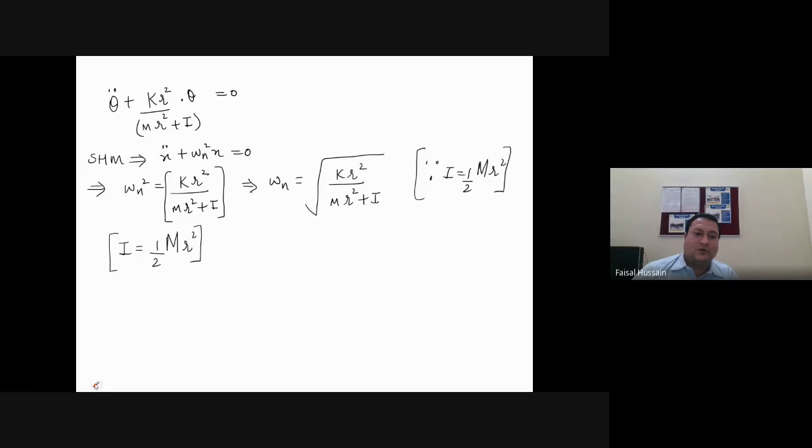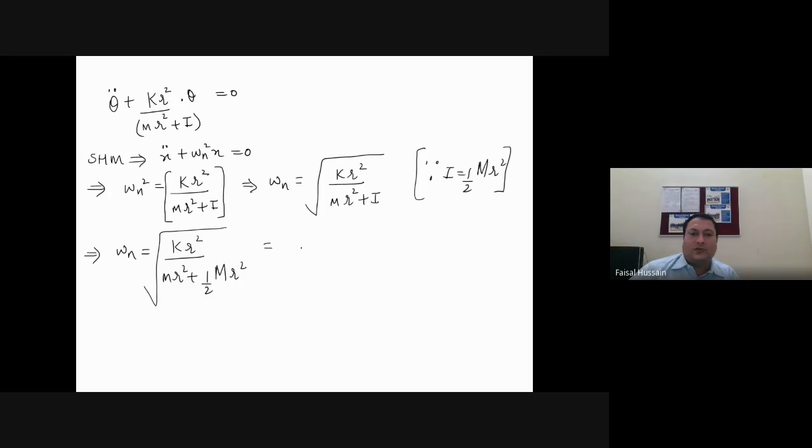So I can write omega n equal to k r square upon m r square plus I, which is half capital M r square.